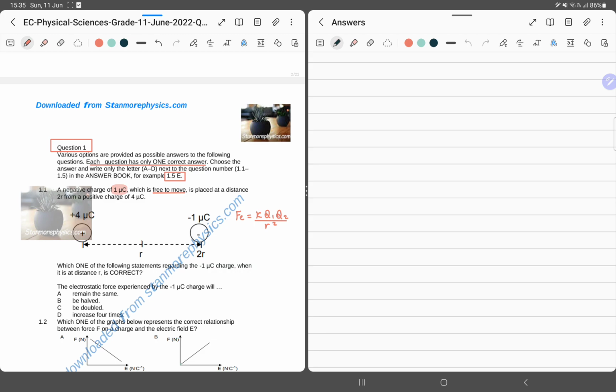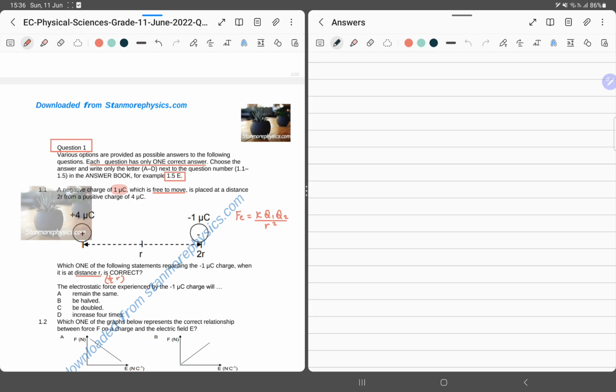Now we're told here that this was initially 2r. And now we're given a scenario that says, which one of the following statements regarding the -1 microcoulomb charge is correct when it is at distance r? So now distance r is half of 2r, so we're essentially halving the distance.